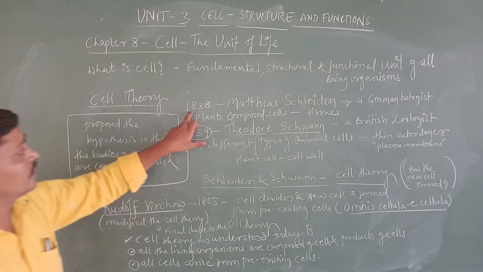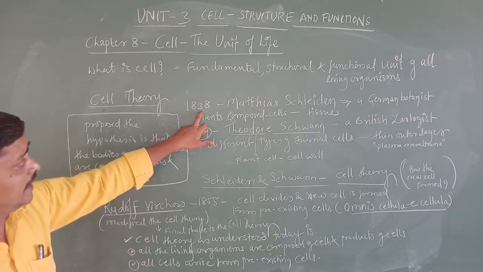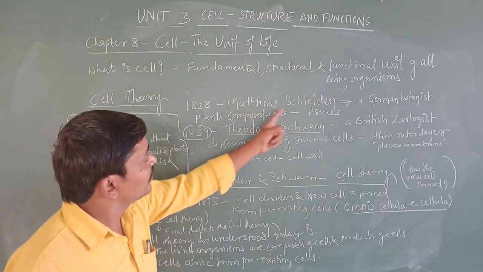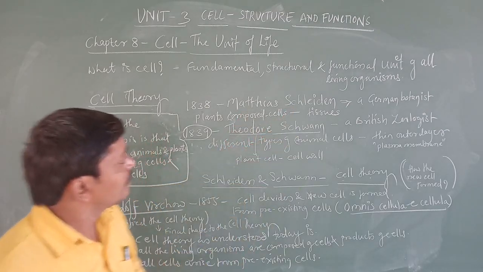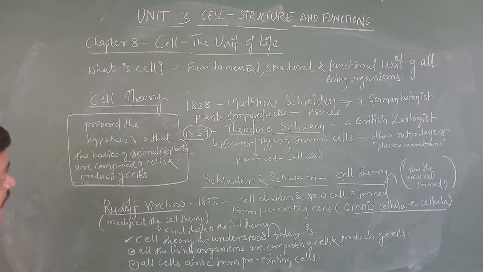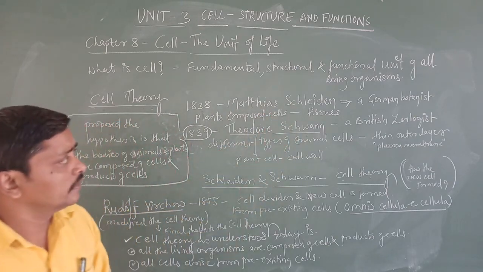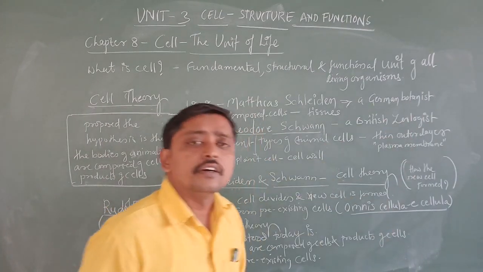In 1838, there was a scientist named Matthias Schleiden, a German botanist.